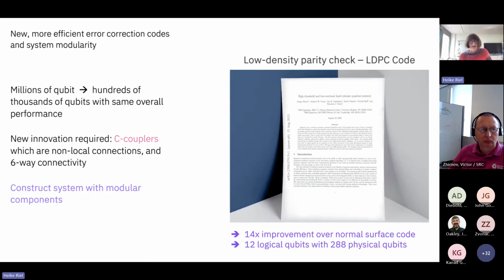This requires, however, a modular system, because we need to connect different qubit processors with each other. So we need these types of couplers. And that's actually currently happening.